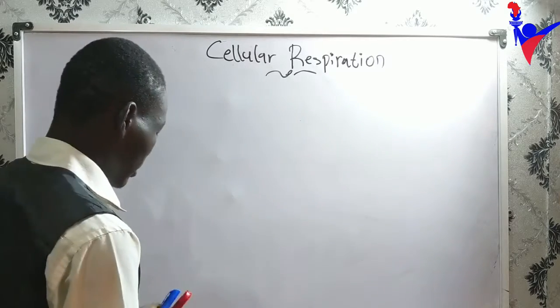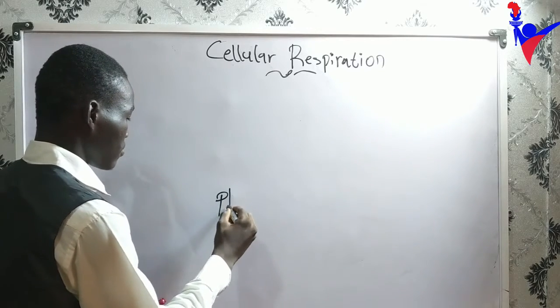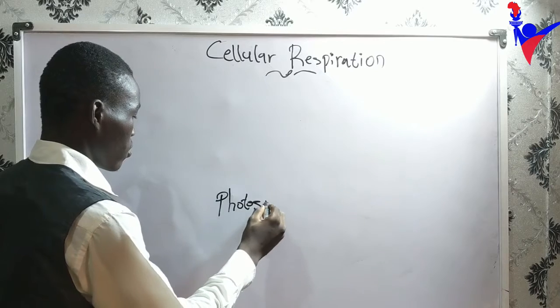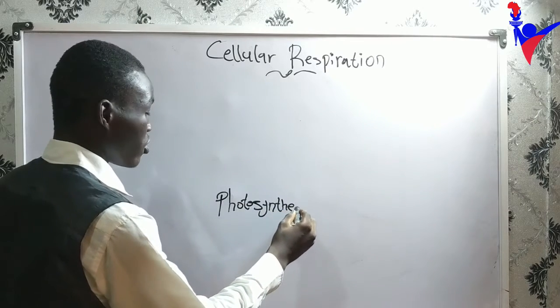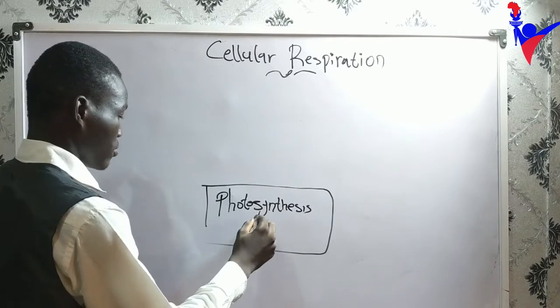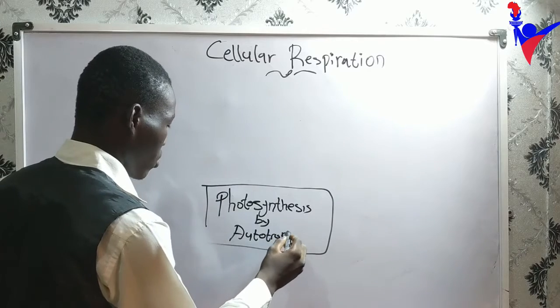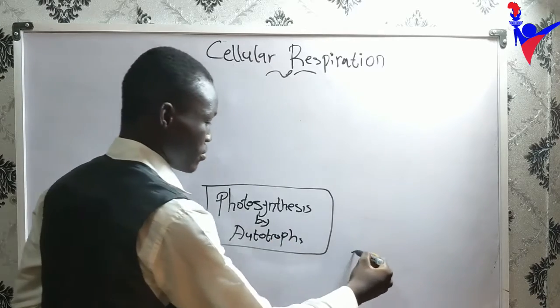So let's say, for instance, now we have our photosynthesis. Through the process of photosynthesis by autotrophs, they use sunlight.